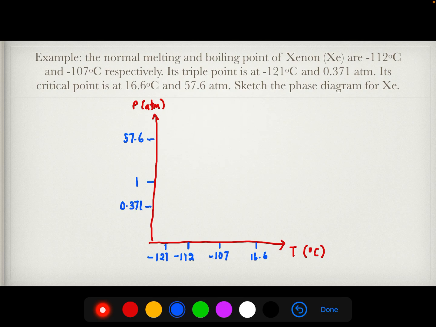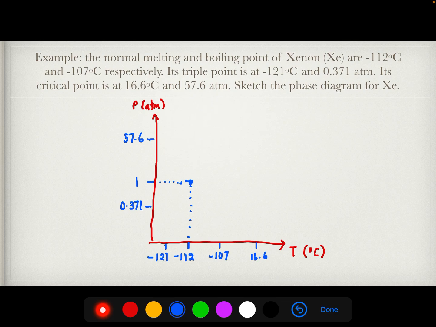So we have all these points. Now we just have to match the points. Number one, we have the normal melting point. The normal melting point happens at 1 atm and negative 112, so it meets here, more or less.